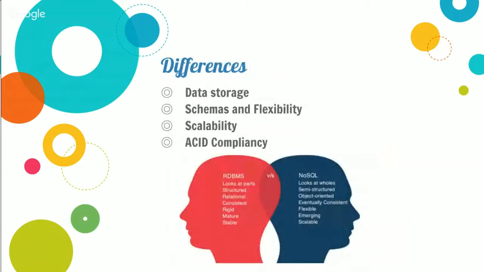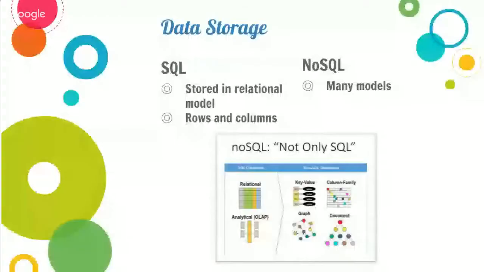Clearly, there are many ways that SQL and NoSQL differ: data storage, schemas, scalability and ACID compliancy, which stands for atomicity, consistency, isolation, and durability. For data storage in SQL, the data is stored in a relational model with rows and columns.